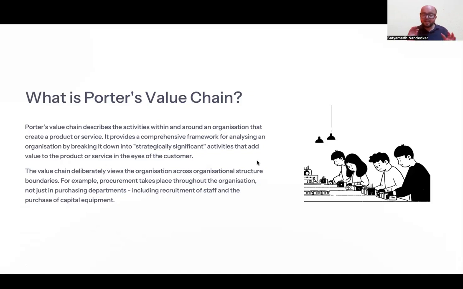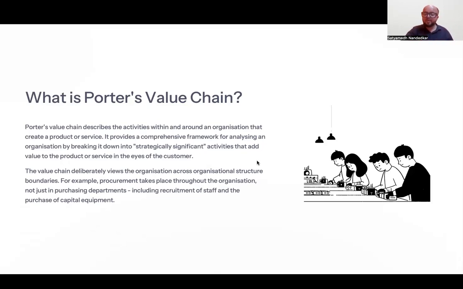Some activities directly deliver value to the customer, and others support and enhance those activities. So you could describe the first set of activities which directly create value as primary activities, and the others could be considered as support activities. Okay, these support activities do not directly add value, but they play a very critical role.